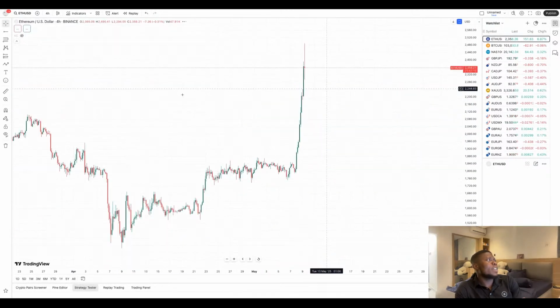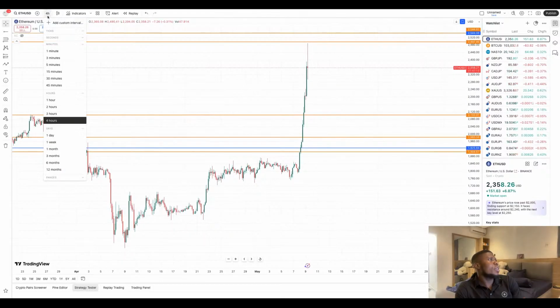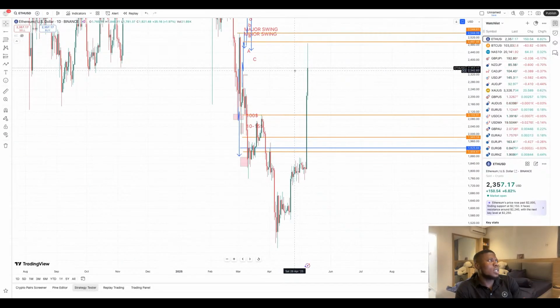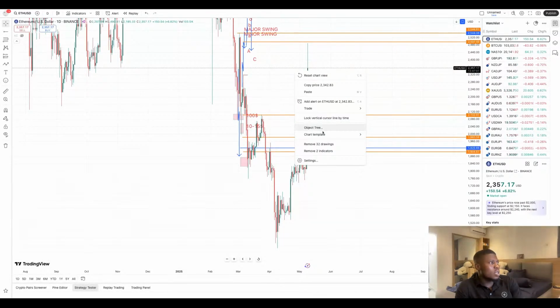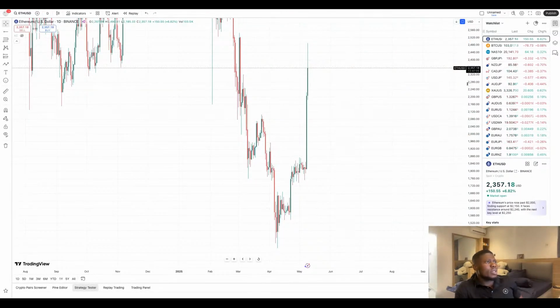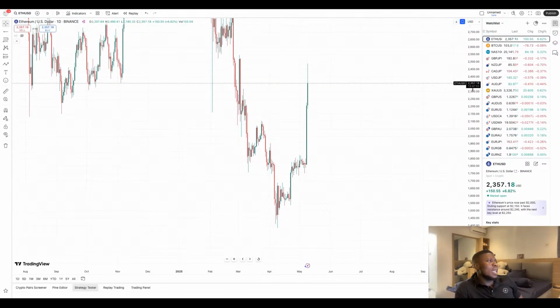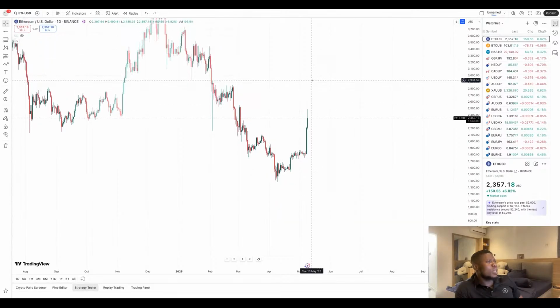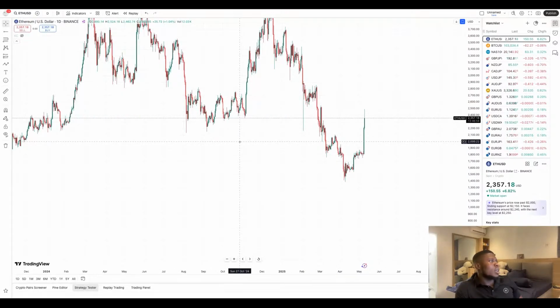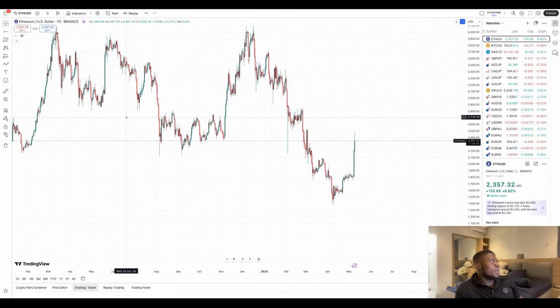I have Ethereum here. This is my Ethereum. So I would actually delete all this. On my Ethereum, I need to figure out the trend. What is the trend of my Ethereum? I'm seeing a swing that looks good here.